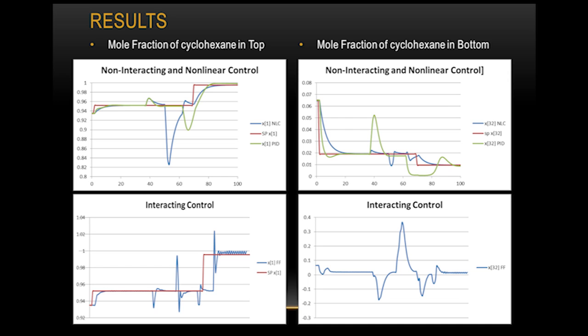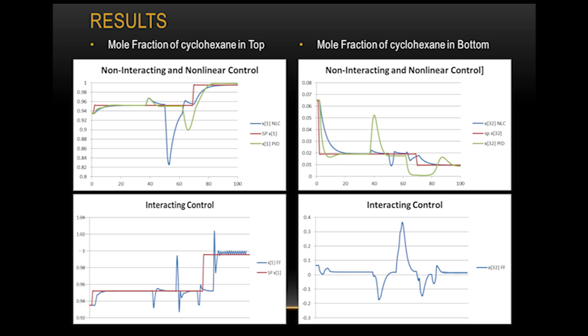But then for our interacting control, looking at the top composition with the set point changes, it did a great job of tracking the first set point change, and you can see a couple of spikes up and down. We're not sure if that's a bug in the code or exactly what that is, because those don't correspond with specific feed disturbance changes. But for the general trend of tracking the set point, it did a good job.